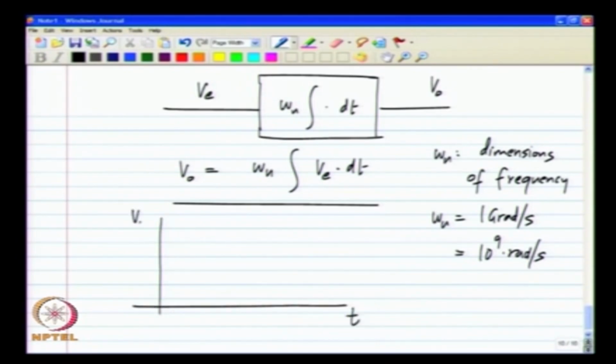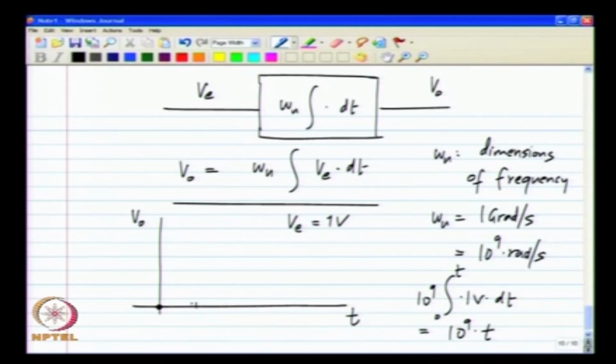Let me plot the output versus time, and let me assume that VE is constant at 1 volt. Let me also assume that the integrator output VO initially starts from 0. So, what will happen? The output now is 10 to the 9 radians per second integral 1 volt dt. Essentially this gives you 10 to the 9 t, and because the initial condition is 0, this is all we are going to get.